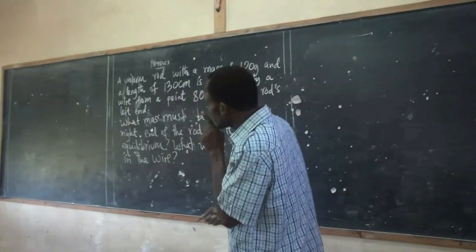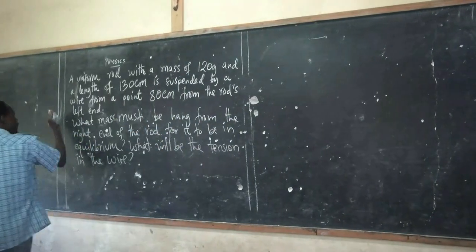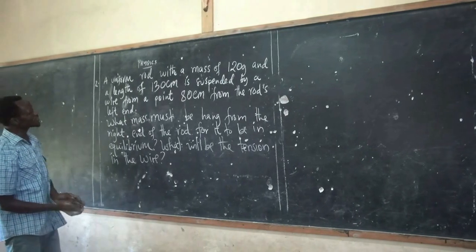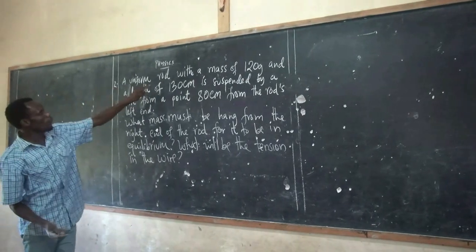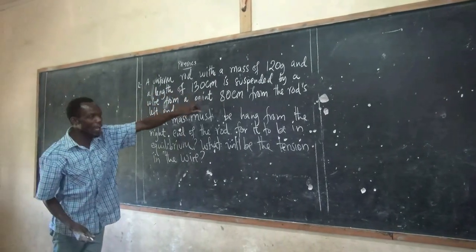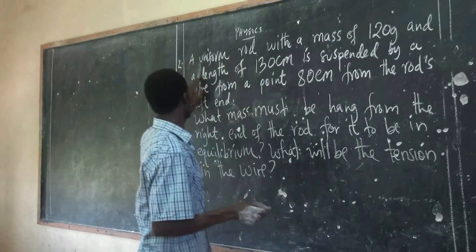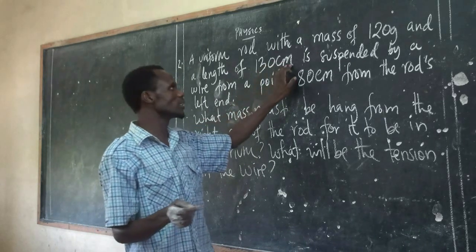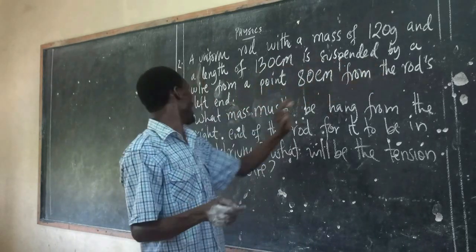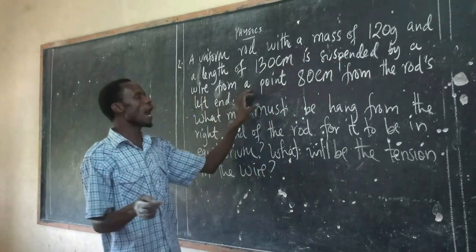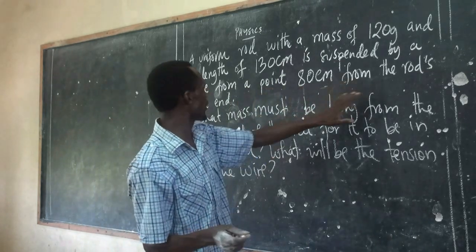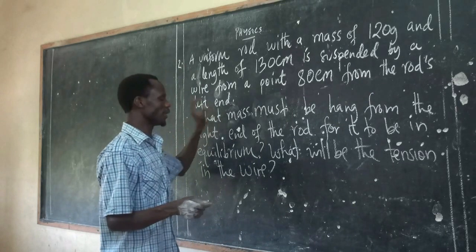After we have seen the first question, now let's see the second question. This is an example. A uniform rod with a mass of 120 gram and a length of 130 centimeter is suspended by a wire from a point 80 centimeter from the rod's left end.